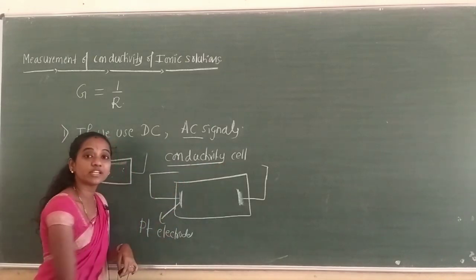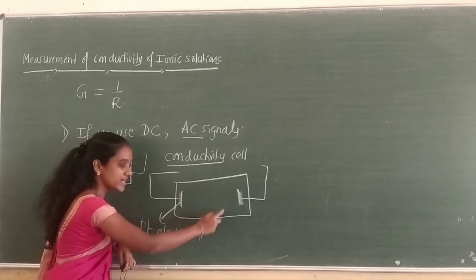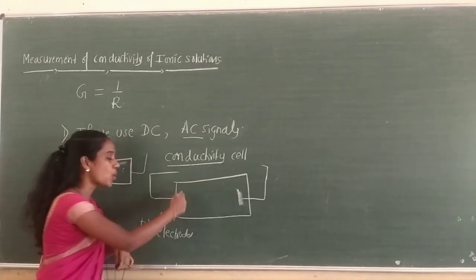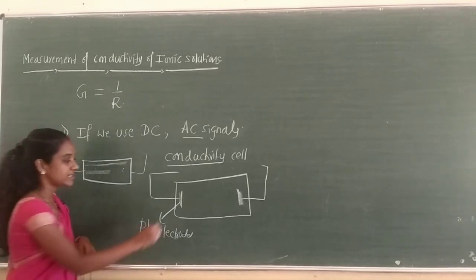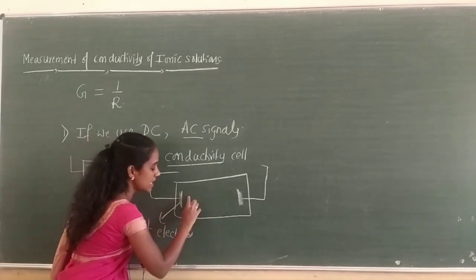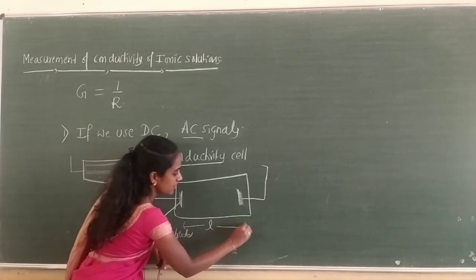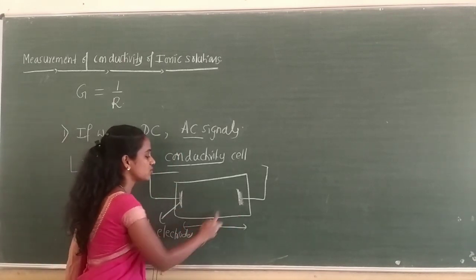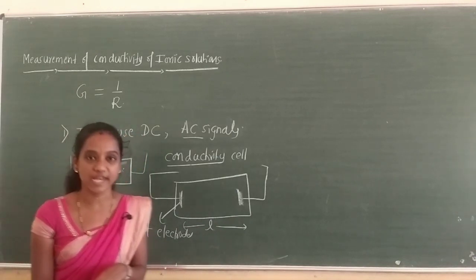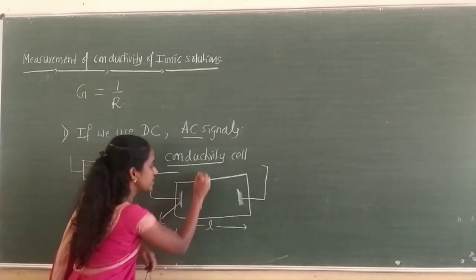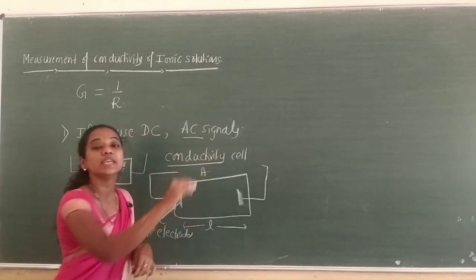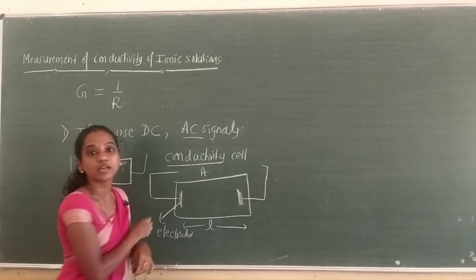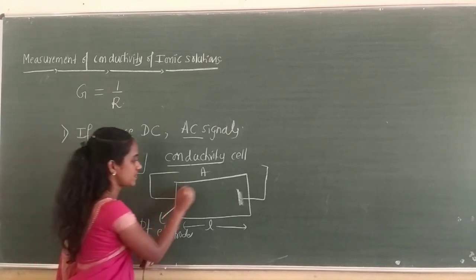What is that conductivity cell? It is a specially designed cell which consists of platinum electrodes coated with platinum black. The distance between these two electrodes is L, which represents the length between the electrodes, and capital A is the area of cross section of the platinum electrodes.